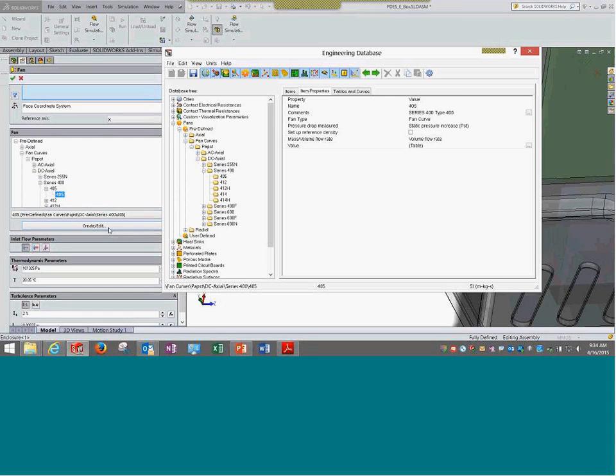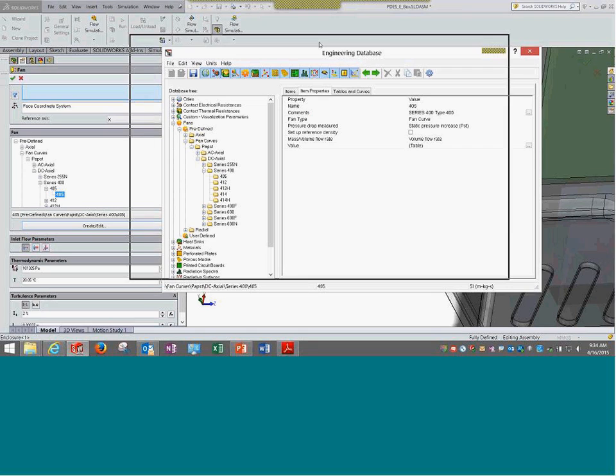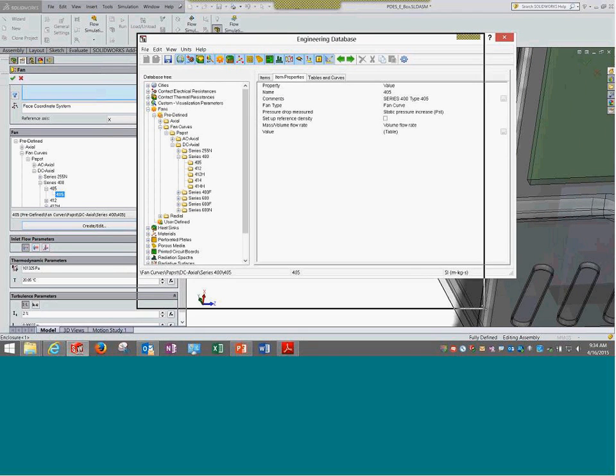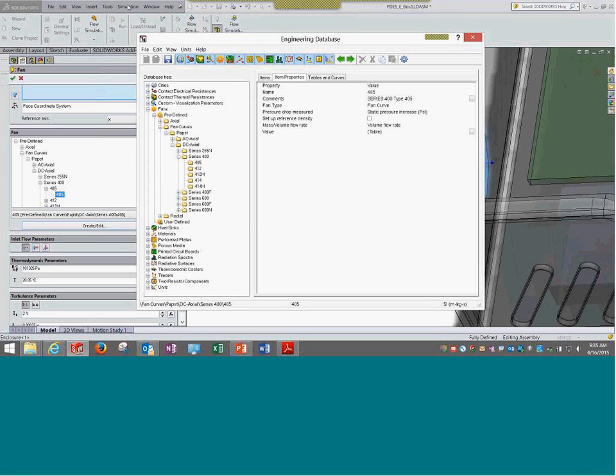So I click create, and this is the engineering database that we were discussing. It can be accessed from a different feature as well, but at the moment we came here through fans. The fan that has been selected is this one, which is an axial fan, 400 and 405. Name is fine, comments no big deal, fan type, fan curve.